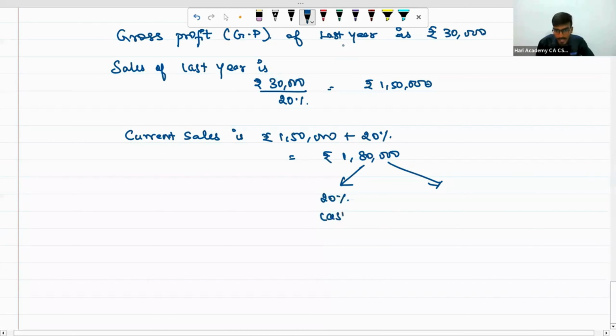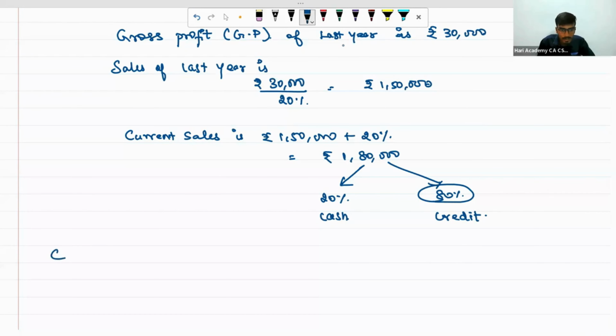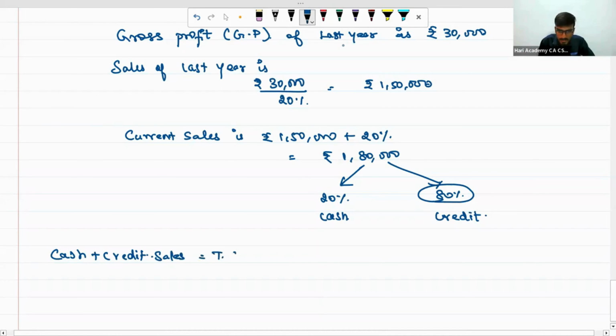They have said 20% on cash, and the remaining 80% should be on credit. Here you will write down cash sales plus credit sales is equal to total sales.